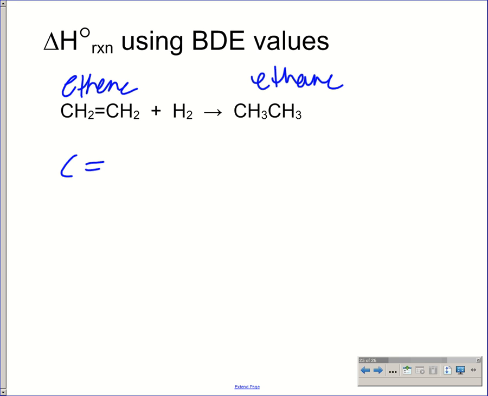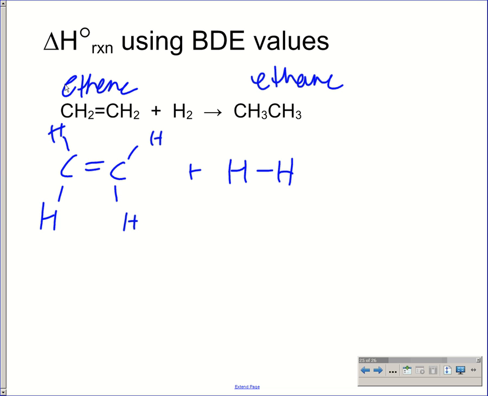So when you're drawing this out, this is what this should look like. It's your double bond between your C's, and there's 2 H's on this one, 2 H's on that one. What does hydrogen gas look like? H bonded to H. No lone pairs because hydrogen can only handle 2 electrons at a time.